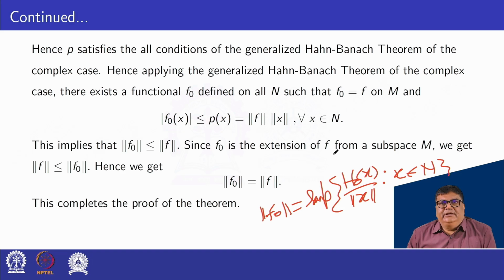Since f0 is the extension of f from the subspace M, we get ||f|| ≤ ||f0||. Hence, we get ||f0|| = ||f||. This completes the proof of the theorem.